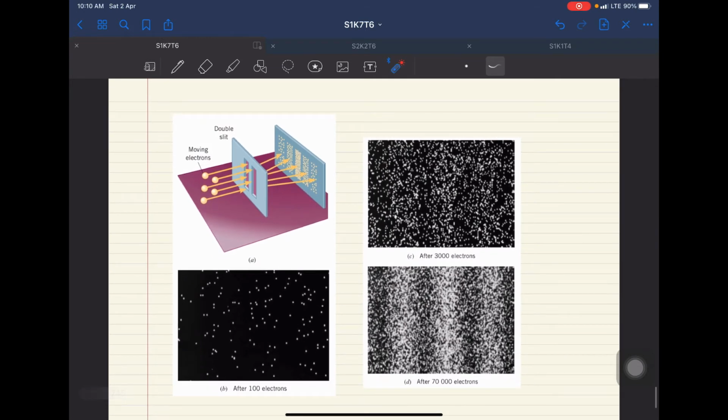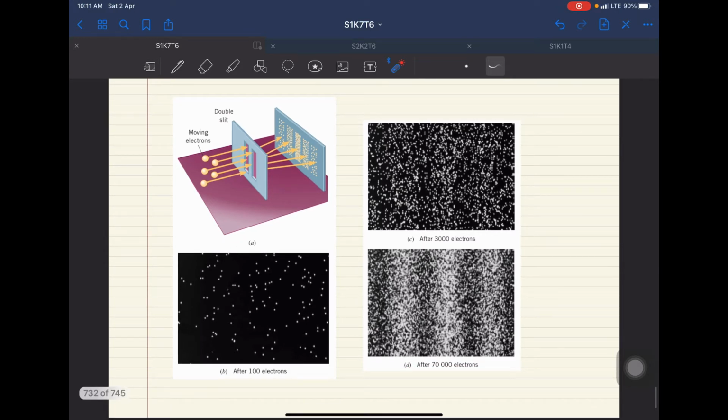This is more proof, the actual data. If you have 100 electrons, you wouldn't see the pattern yet, it seems random. After 3000 you can see slight dark regions, still not too obvious. But after 70,000 electrons, this is the actual data, you can see clear bright and dark fringes, constructive and destructive interference.